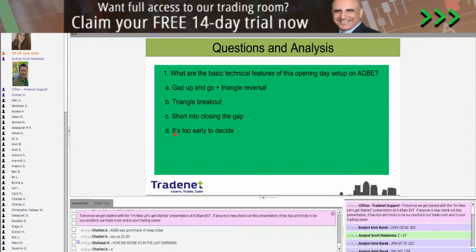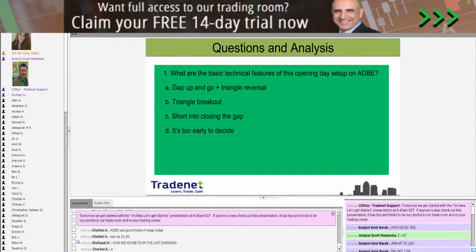If anybody thinks or sees a different answer, please step up right now, or we move to the second question of the question and analysis part of this case. Everybody is okay with this very, very simple setup? It's a gap up and go. It's not moving sideways.